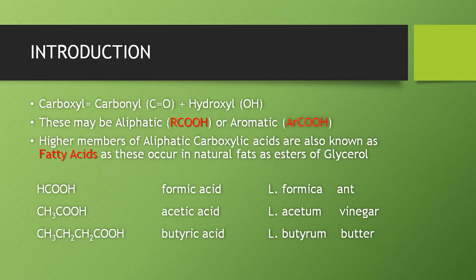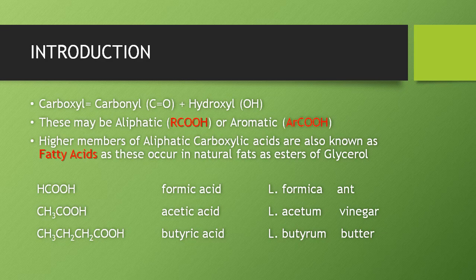Their common names are based upon the Latin names which tell their source, like HCOOH is formic acid, obtained from Latin name formica means ant. This acid is obtained from ants.